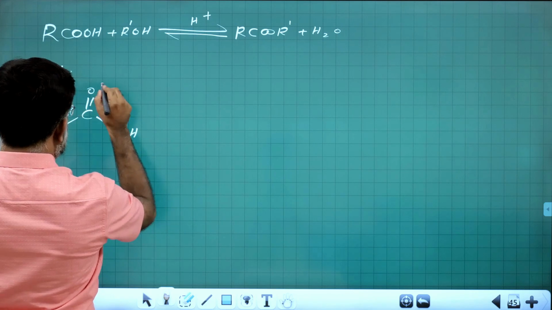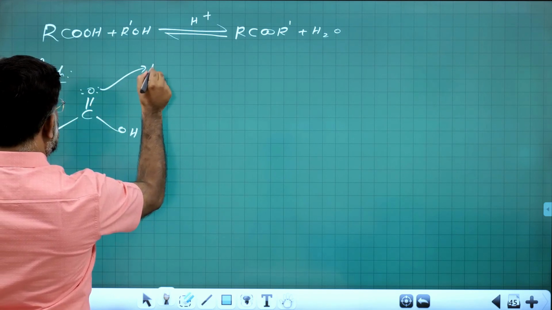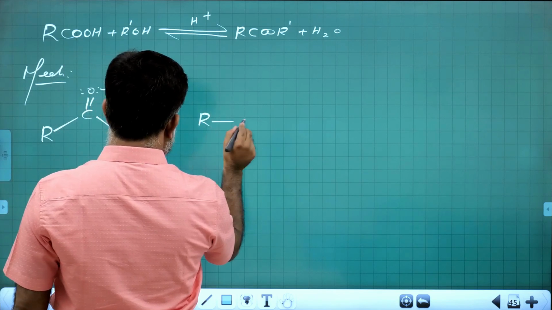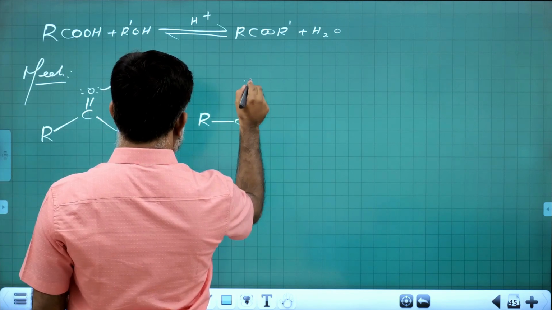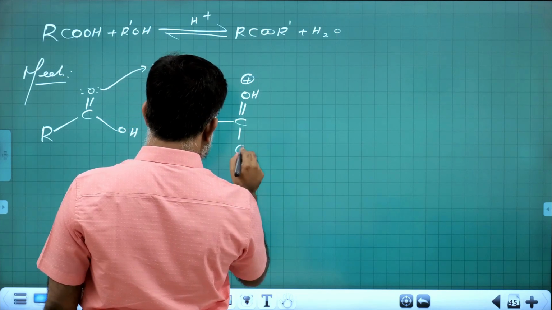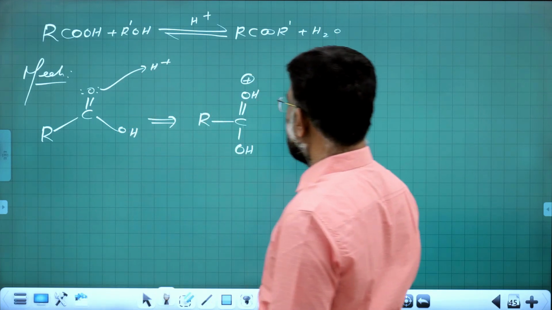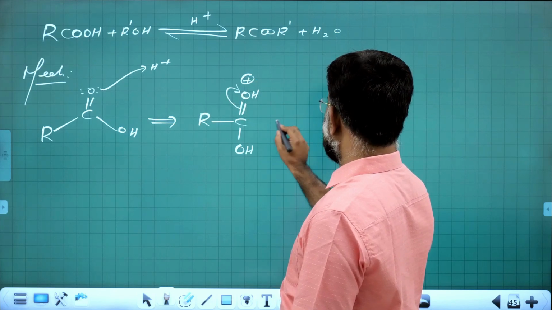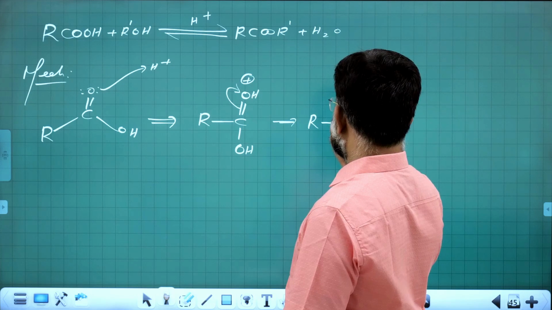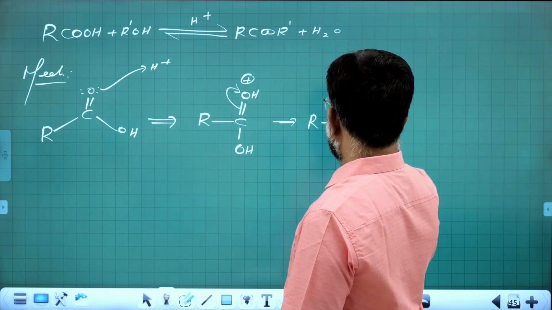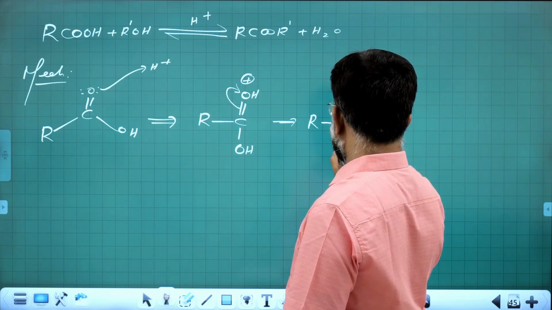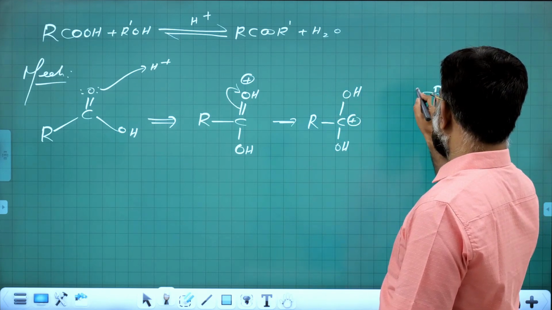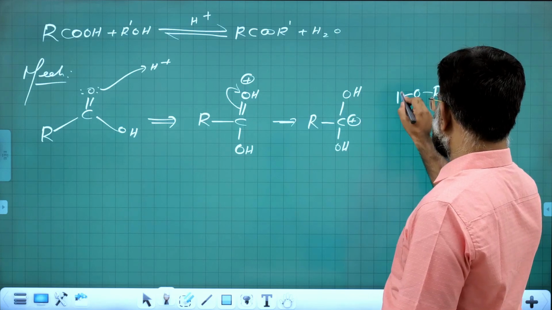RCOOH is getting protonated, this oxygen getting protonated, and the result will be RC(OH)+OH. When it is protonated, immediately it goes like this, and the next molecule, the alcohol molecule, interacts.